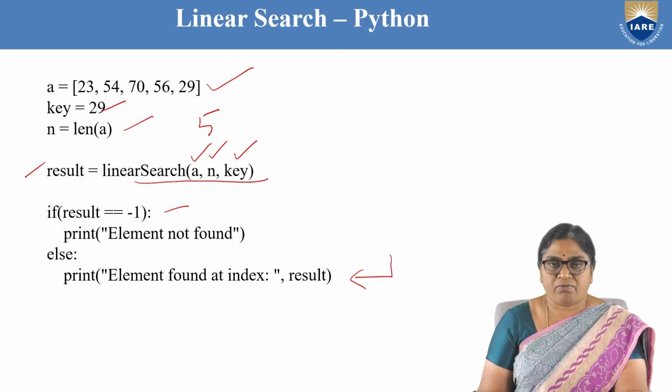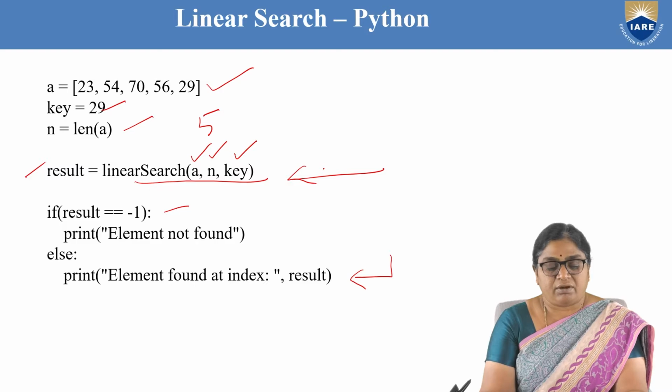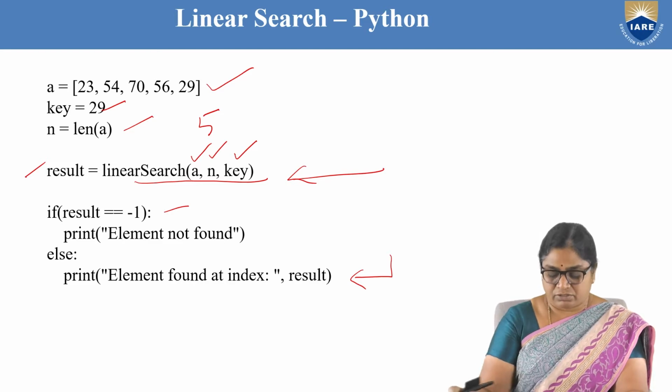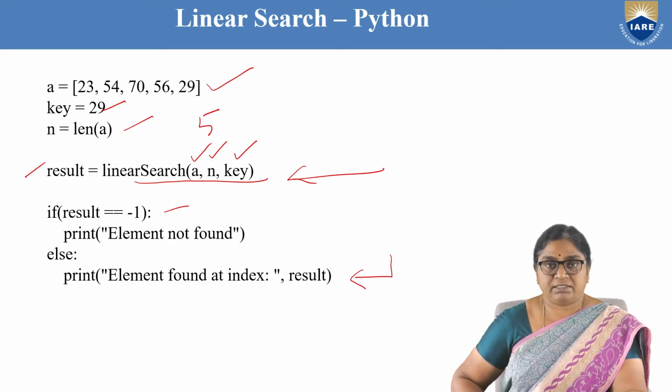So this is how we are going to develop a Python code for linear search. But here we are calling the method and we have not defined that functionality in this slide. So now let us try to implement the linear search method.